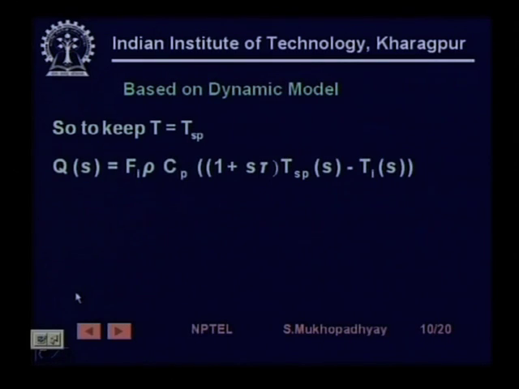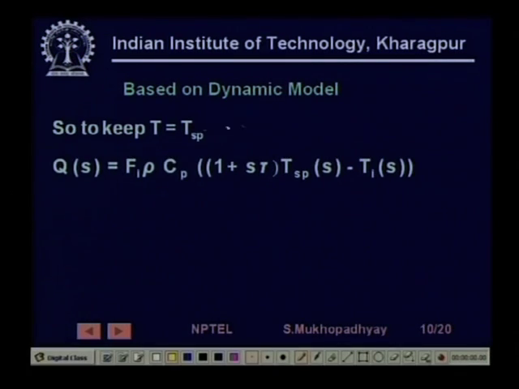So if we want to keep T equal to Tsp, that is, every time instant, not the final values, every time instant we want to keep Tt equal to Tspt, then obviously if we consider them in the Laplace transform domain, then Ts will be equal to Tsps.